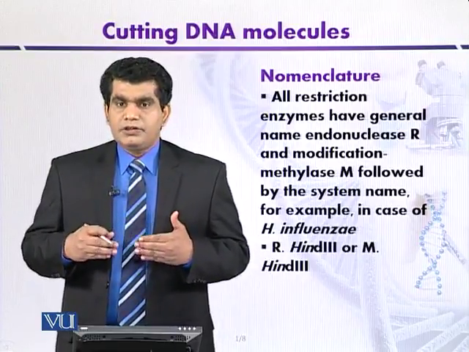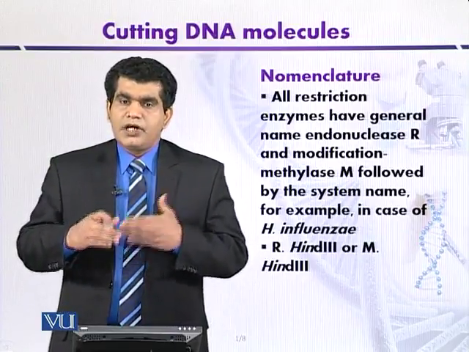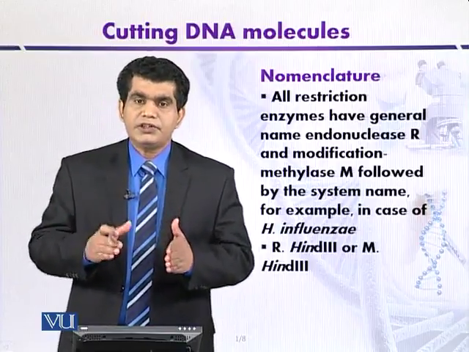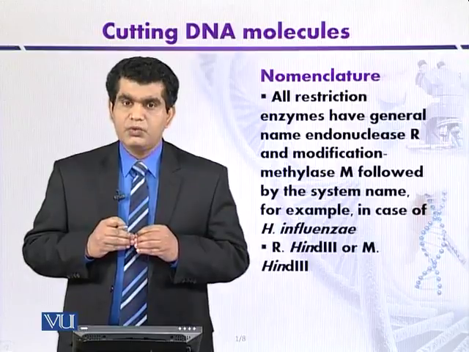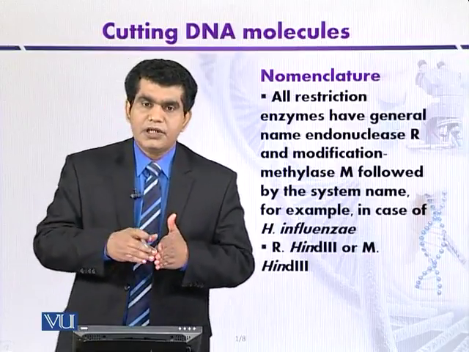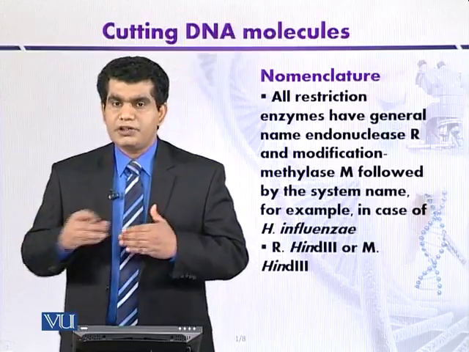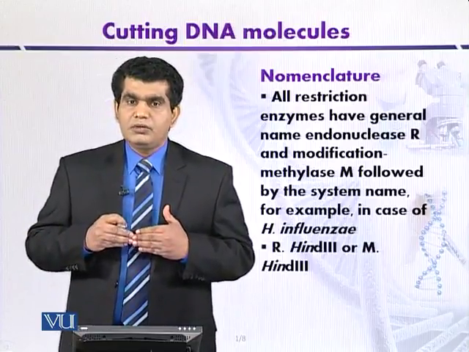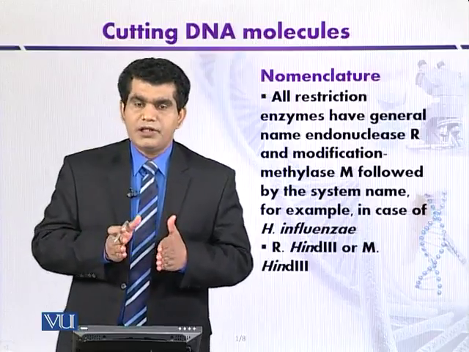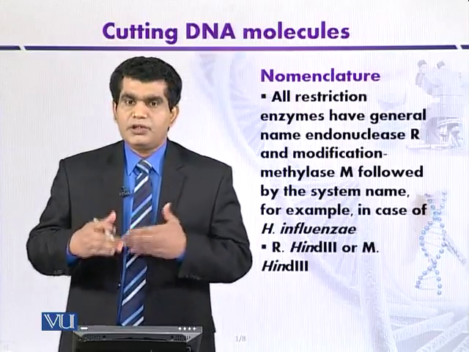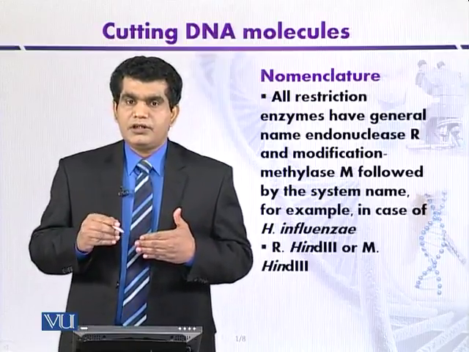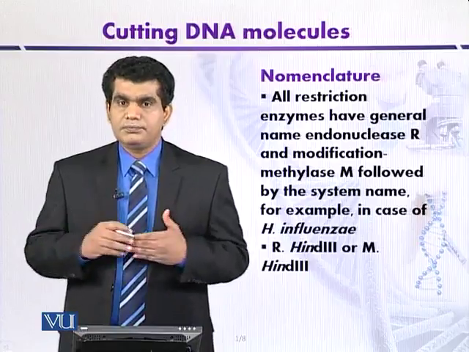As I told you, type 2 restriction enzymes may have separate enzymes for restriction and modification. So they may also be differentiated as to whether it is a restriction enzyme or a modification enzyme. After writing the full name, like HIND 3, before it, if it is a restriction enzyme, the letter R is added, like R dot HIND 3.